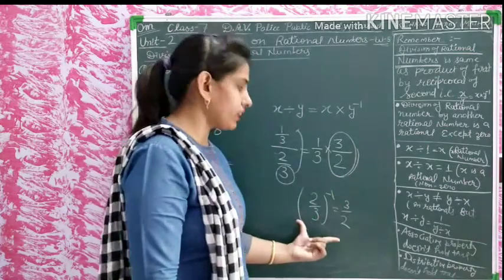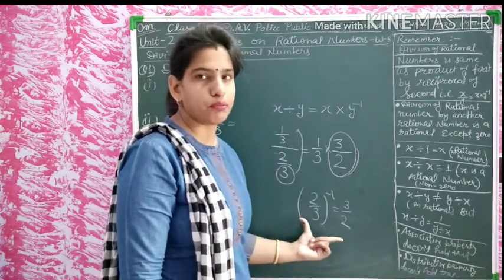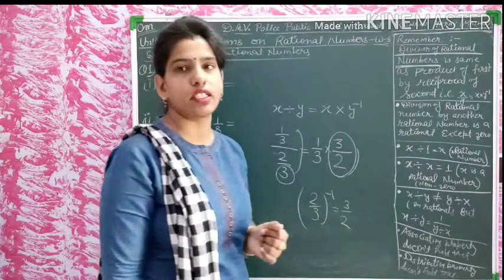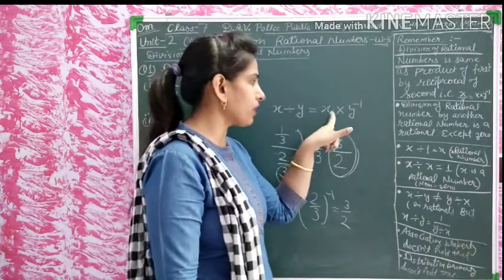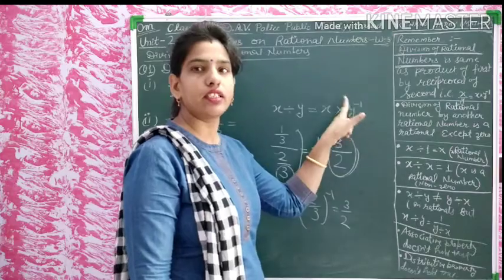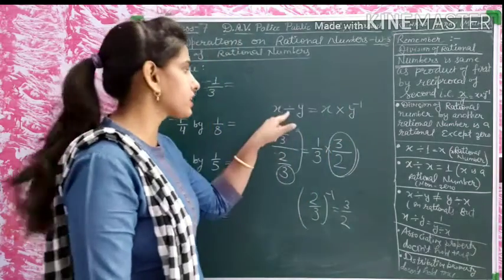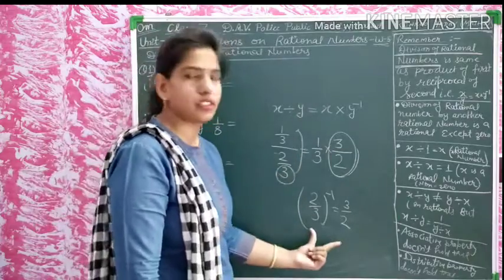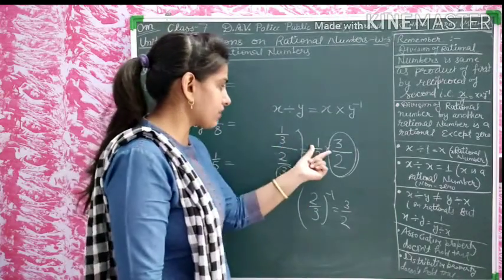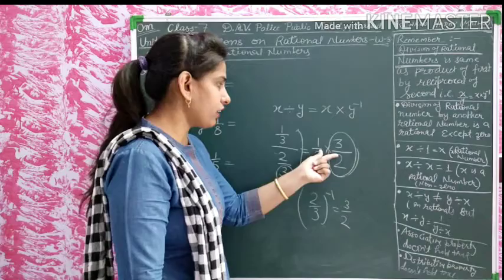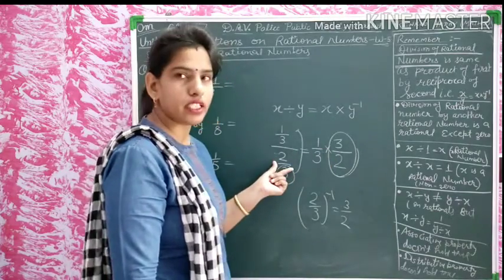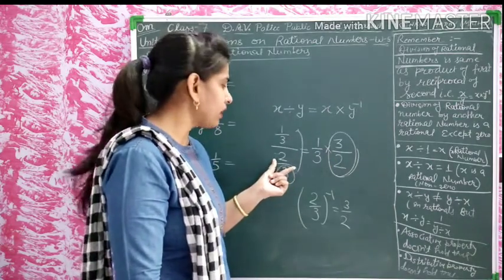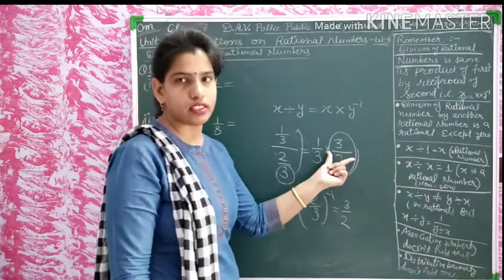But today we will discuss the product of one rational number with the reciprocal of any other rational number. This is the division of rational numbers, and we can define it like this: 1 by 3 into y, where y is any other rational number and its reciprocal is this number.